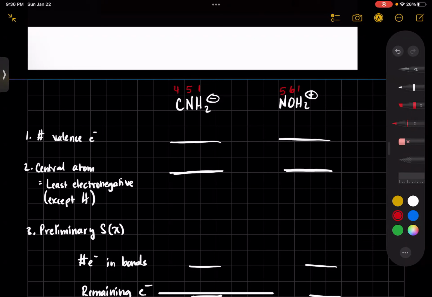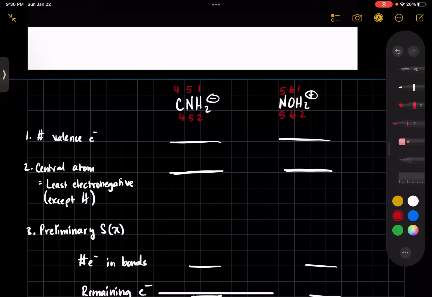Down at the bottom, I multiply by the subscripts. I have 2 hydrogens, so a total of 2 electrons. There's only 1 nitrogen, so all nitrogens account for 5. And carbon's 4. Likewise here, same thing: 2 hydrogens, 1 oxygen, and 1 nitrogen.